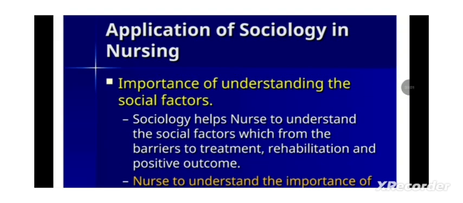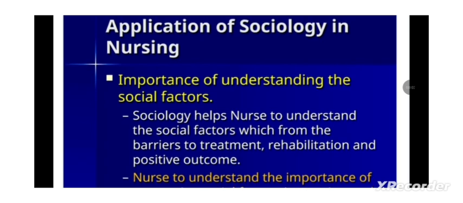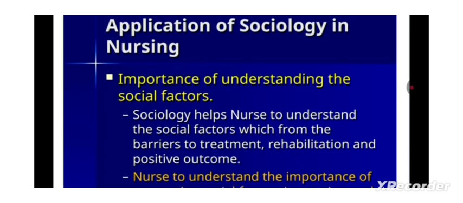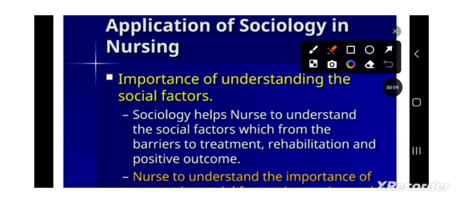Social factors. Sociology helps the nurse to understand the social factors which form the barriers to treatment, rehabilitation, and positive outcome. A nurse cannot treat a patient effectively without understanding the context of their life.